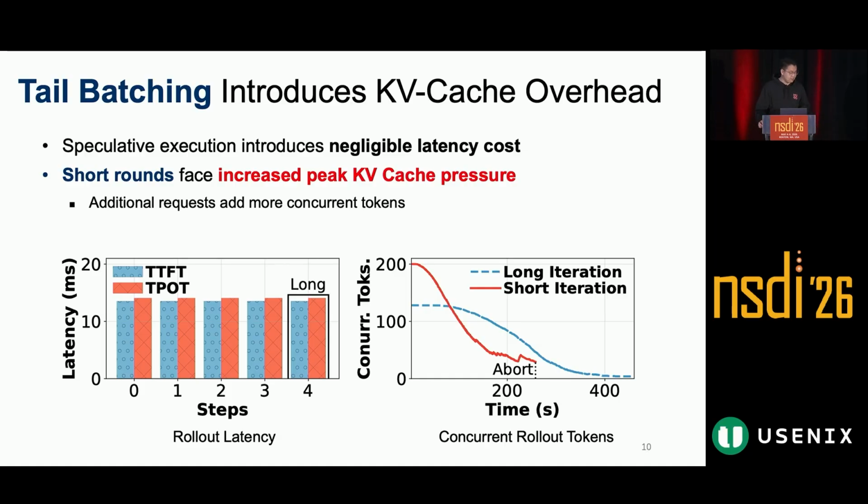Although it drops fast, indicating that the rollout stage was faster with speculative execution, the peak KV cache pressure of the short round is much larger than that of the long round. So this memory disparity further motivates our optimization of the parallelism planner. We will introduce that in future slides.